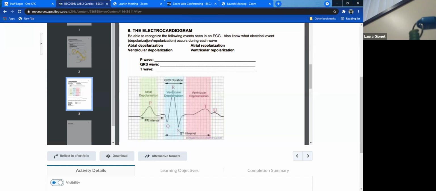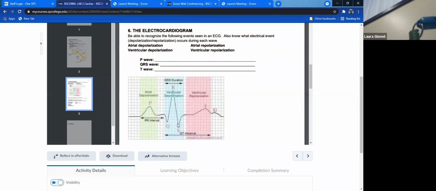Toward the end of depolarization is where the atria contract and eject blood. And that calcium plateau lets it contract and hold, squeeze, and then relax, repolarize, and relax. And the ventricles go through the same thing. So the P wave represents atrial depolarization.